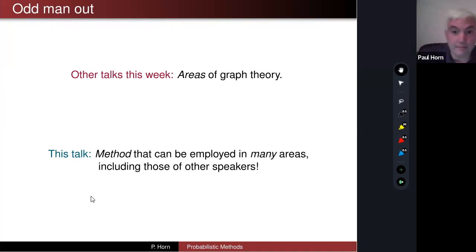But this is the plan: I'd like to show you some examples of how a little bit of probability can go a long way in helping understand the structure of graphs and construct graphs with many, many interesting properties.